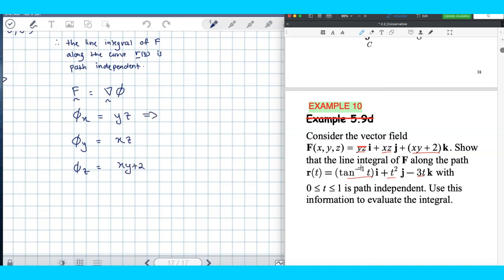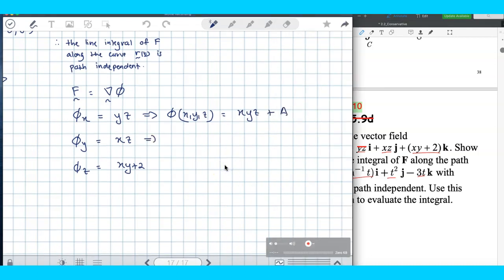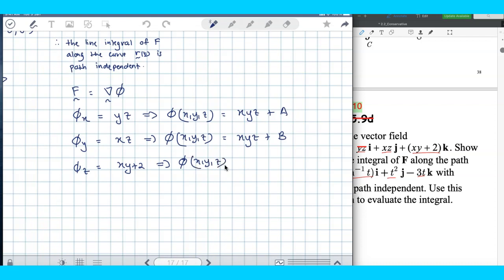When we integrate, phi is xyz plus a, and integrating with respect to y gives xyz as well, plus b, and integrating with respect to z you have xyz plus 2z plus c.